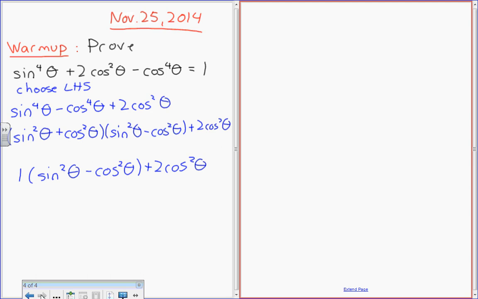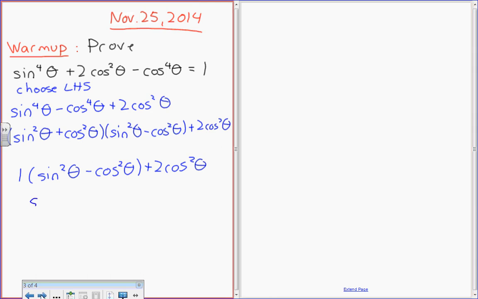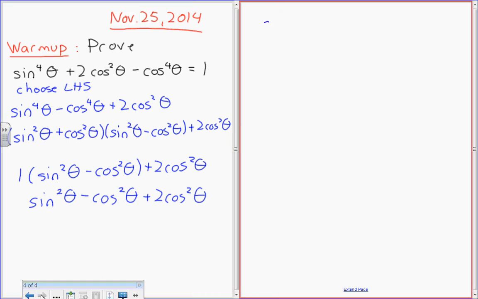So this is going to be sine squared theta, and those will combine. What's negative cos squared theta plus 2 cos squared theta? Cos squared theta. So I'm left with sine squared theta plus cos squared theta. Why am I happy? Equals 1.